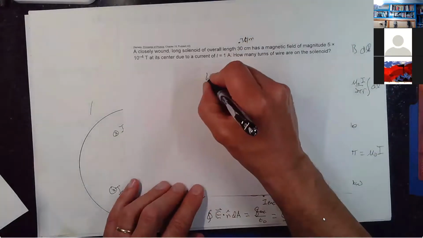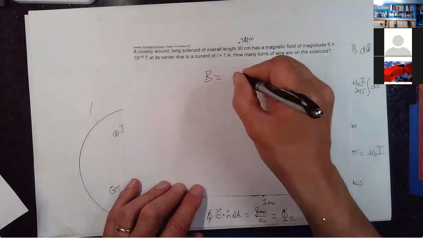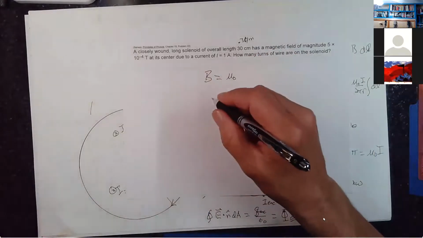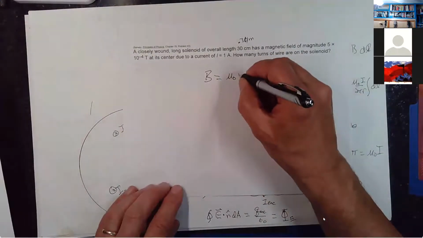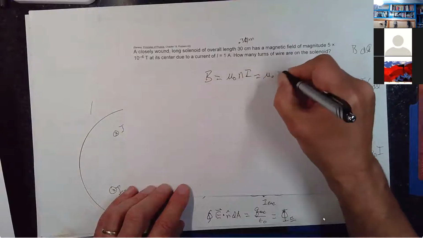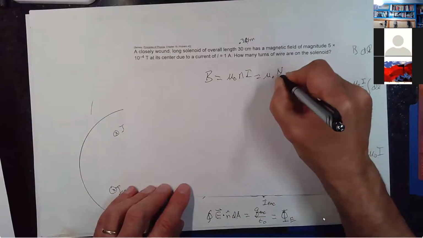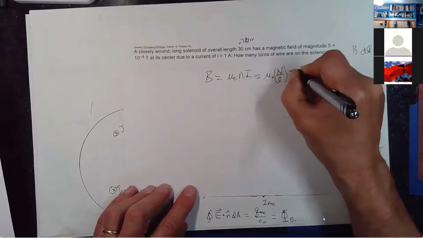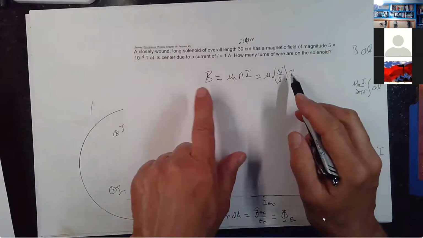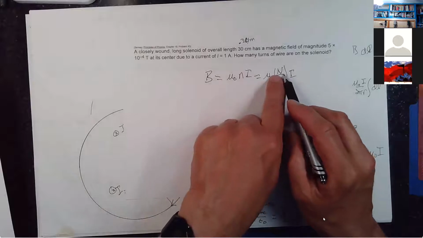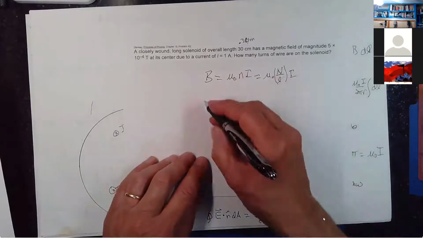And the magnetic field, which they tell us, is going to be mu naught n times I, which is going to be mu naught times the number of turns it has divided by the length of it times I. And we want to know how many turns of wire are on the solenoid. So we want capital N.